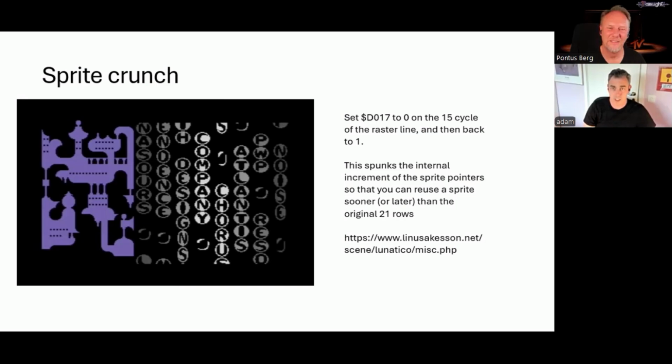It's not impossibly hard. But basically what happens is that the VIC chip is doing things on every cycle. There's that one cycle where it checks if the D017 is set, and if it is, it will increase the sprite counter by 3. It does this in a two-step thing.